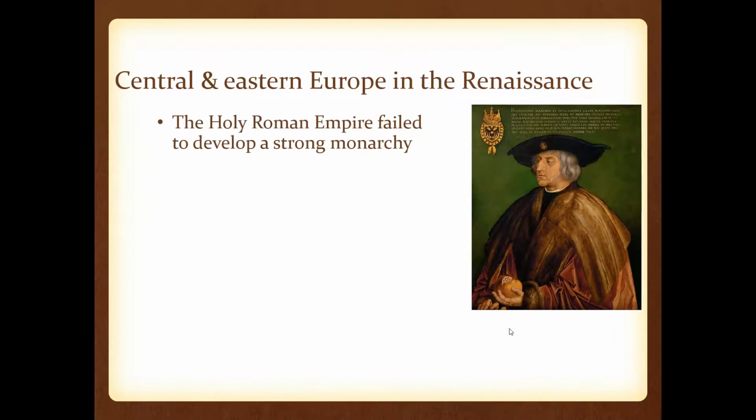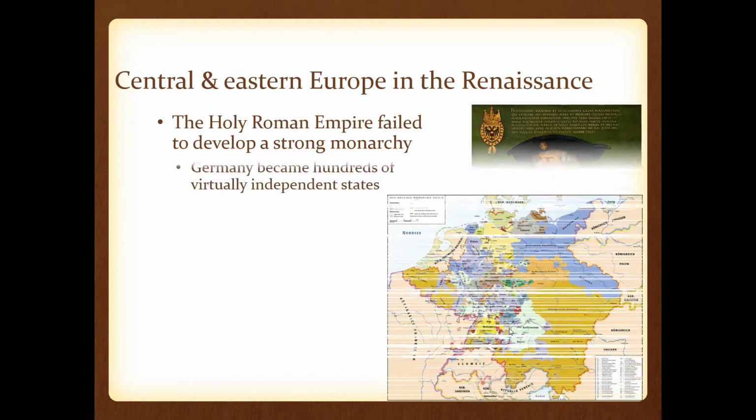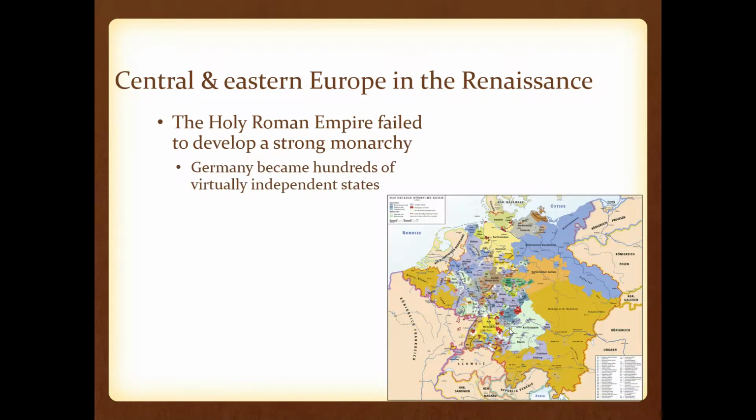The Holy Roman Empire, which we'll get more into in the coming weeks, failed to develop a strong monarchy. With the Holy Roman Emperor, you had a very weak king that was beholden to a lot of other people. And so, because of this, what will become Germany becomes hundreds of virtually independent states.